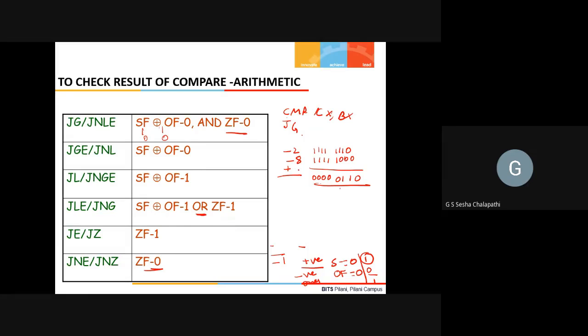The microprocessor will directly do the subtraction. 0 minus 0 is 0, 1 minus 0 is 1, 1 minus 0 is 1, 1 minus 1 is 0, and so on. You will not get a carry out. The microprocessor will not convert into two's complement and then add. That is the reason.